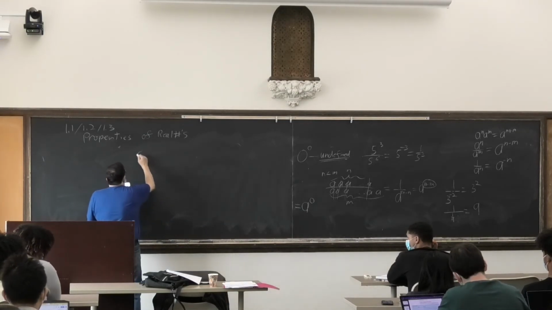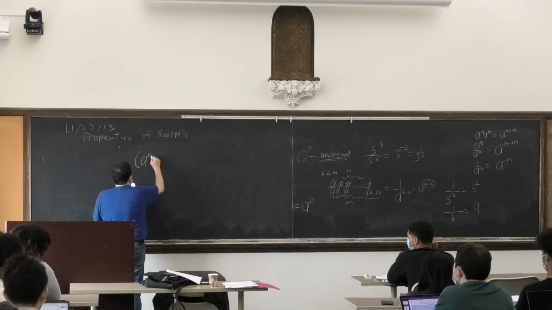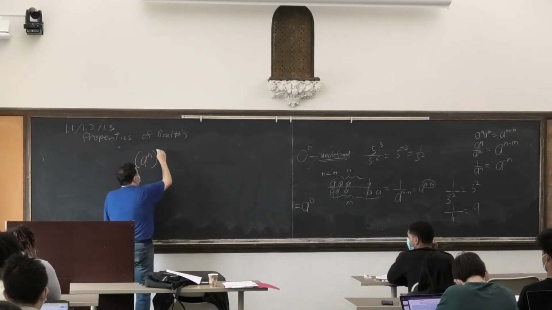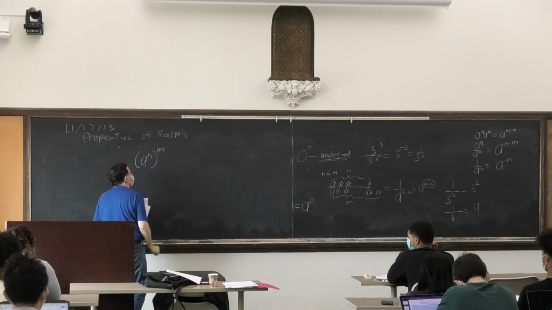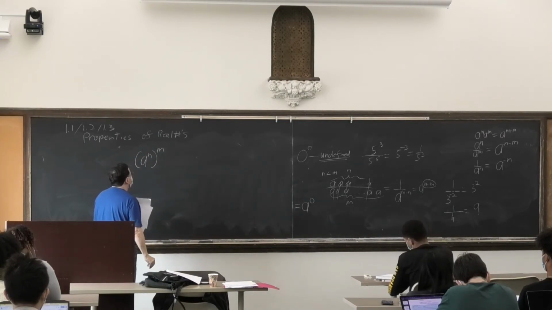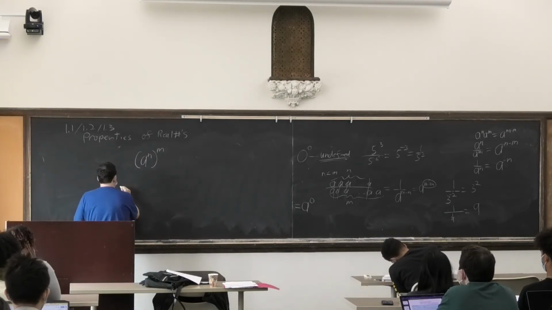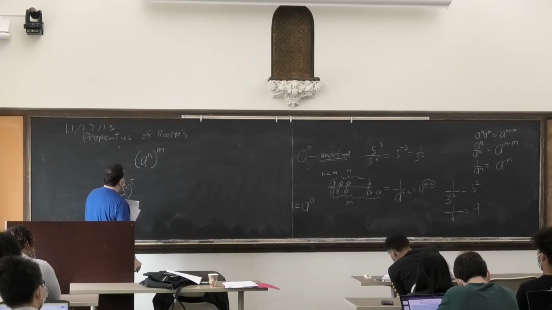What we want to look at next is a^n raised to the power of m. Kind of like 3 squared to the 5th. What would that be?